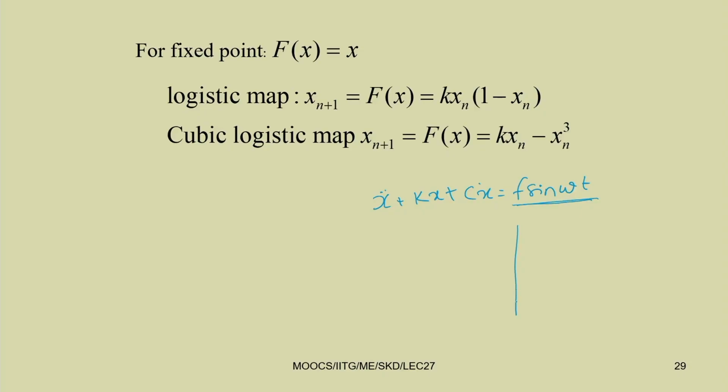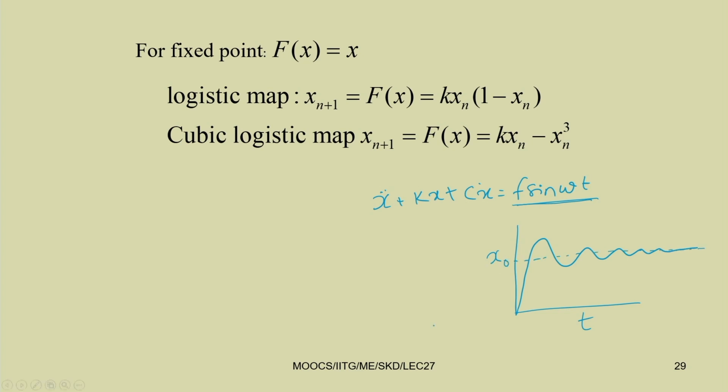You have plotted the response, x versus t, and you have seen that in case of the underdamped system it will damp out and go to 0. You can take this line as the 0 line.